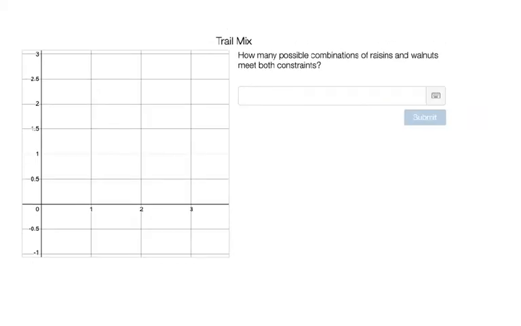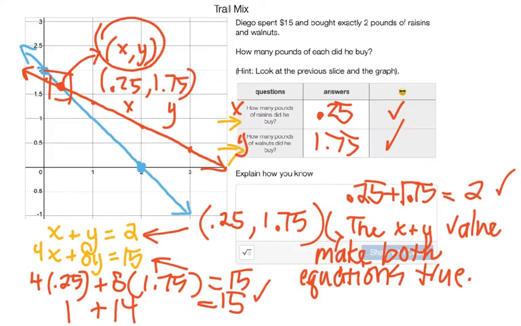How many possible combinations meet both? Only one. And again, go back and look at this equation. I only see one point of intersection. Only one. All right.